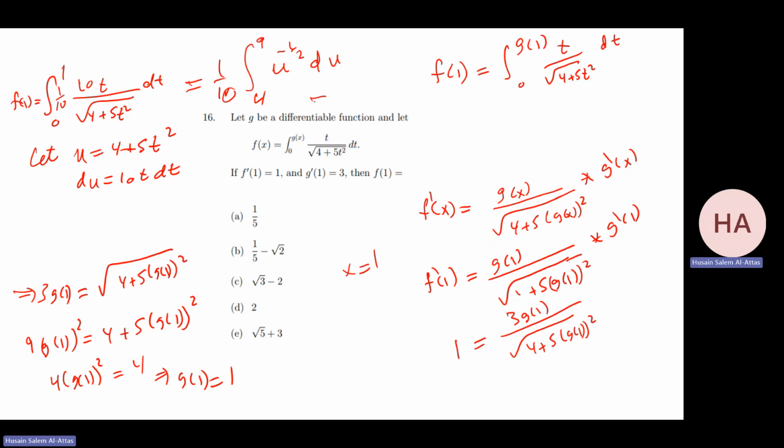That gives me 1 over 10 of what? Okay, this is 2u to the power half from 4 to 9. So it's 1 over 5 times the square root of 9, which is 3, minus the square root of 4, which is 2. So that will be 1 over 5, which is this one. Yeah, matter of calculation.